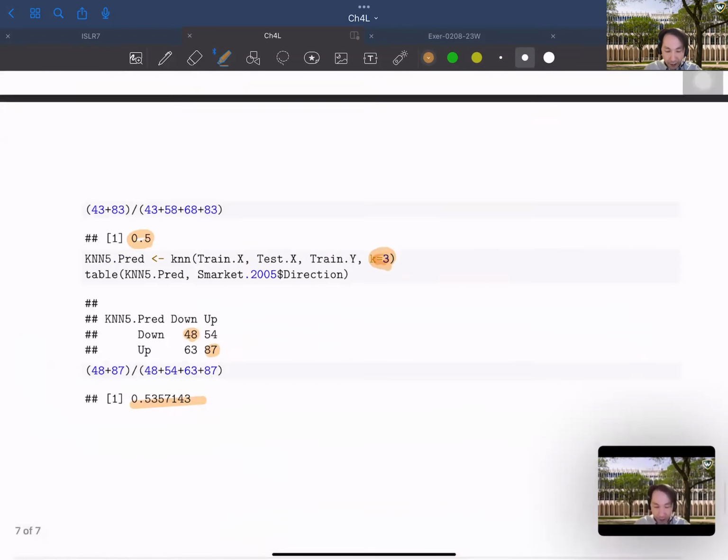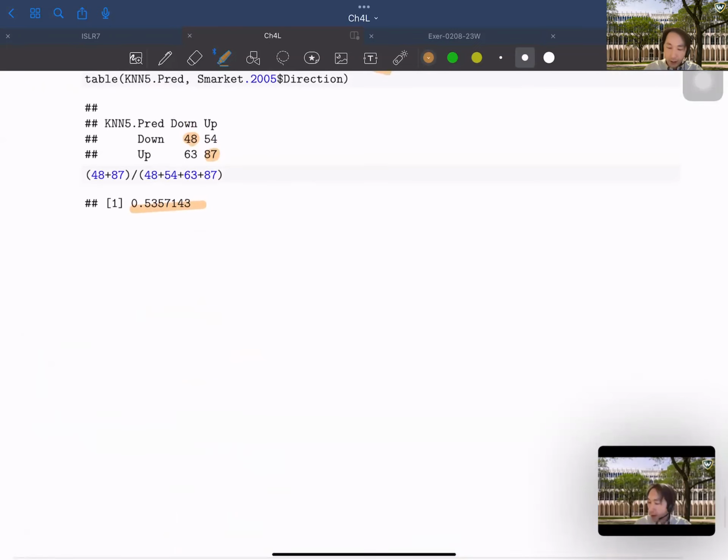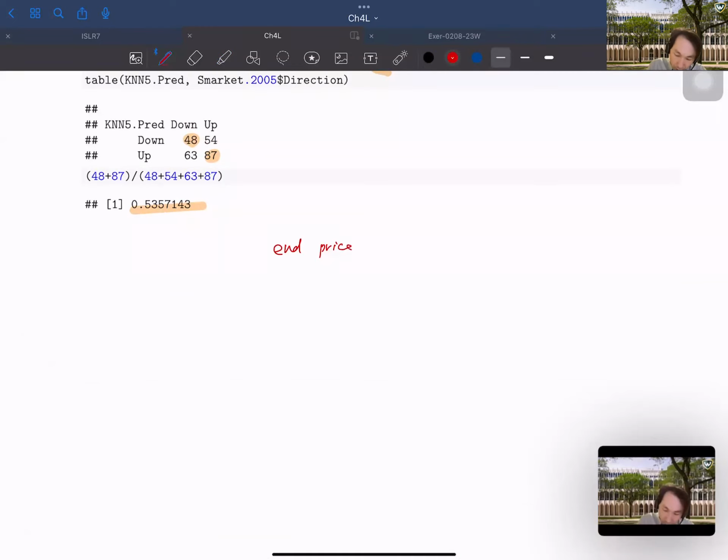I think practically, this is the end price of day T and day T plus 1, and we calculate the return.